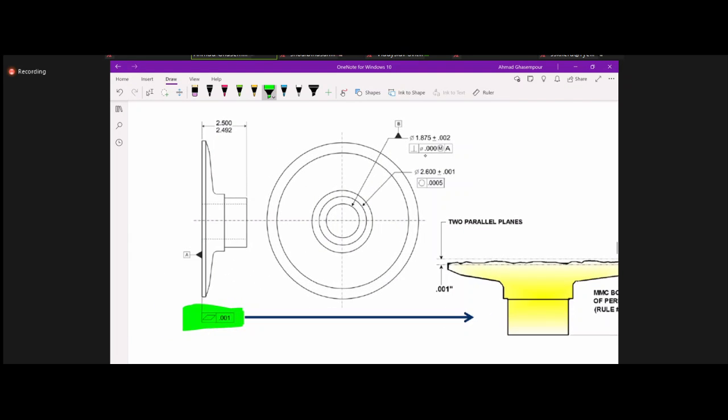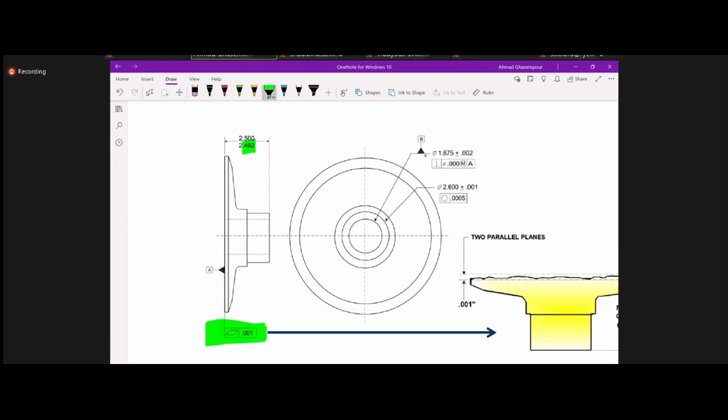Similar to what we talked about with straightness, the dimensions of the part already control the flatness to some extent. So if you're adding flatness, it has to be tighter than the size tolerance, right? In this case, we have 2.5 to 2.492. That's 8 tau difference.